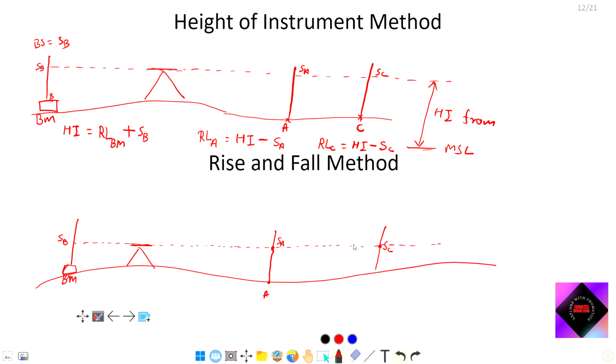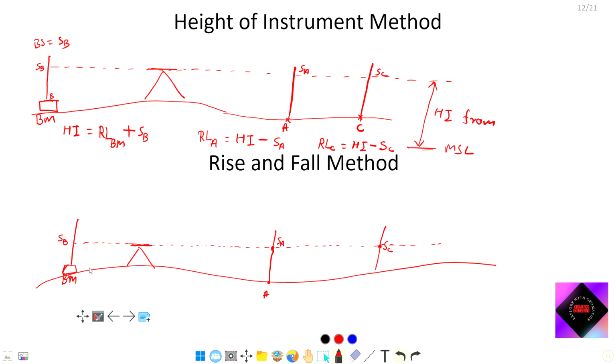If we are moving from this point to this point, and this point is below this point, for example the benchmark is somewhere below A, then it will show SB reading more and SA reading less. So the relative measurement is done.